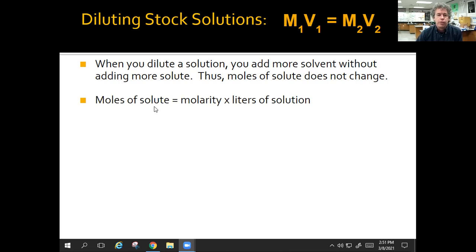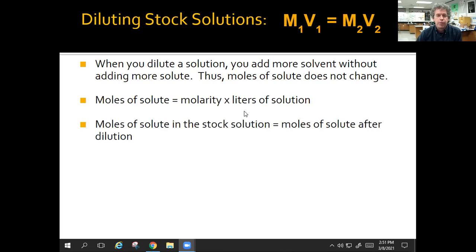The moles of the solute equals molarity times liters, since molarity is moles divided by liters. The moles of the solute in the stock solution equals the moles of the solute after dilution.